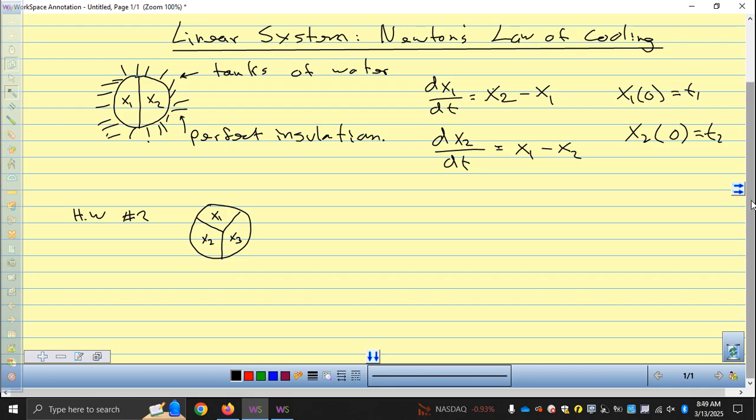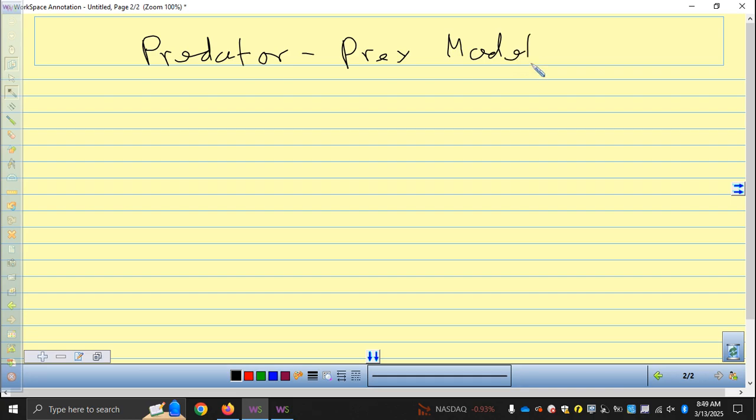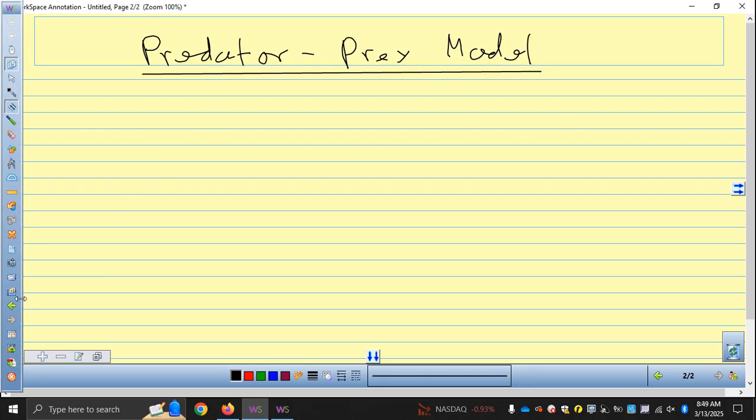All right. So our second model that we're going to talk about, that I think is relatively accessible, is a predator-prey model. Oh, and before we talk about this, I wanted to go back to Newton's law of cooling.